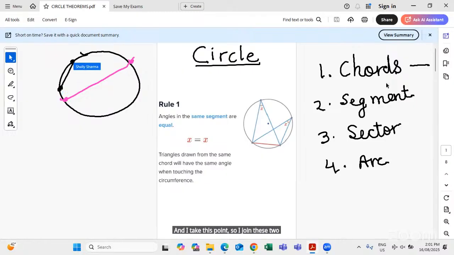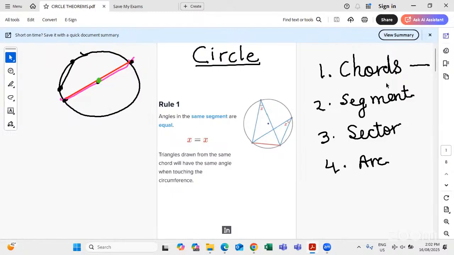This is another chord. Now there is a very special case of chords, when the chord passes through the center of the circle. When I take these 2 points on the circle and join them through a straight line, I realize that this straight line is passing through the center of the circle.